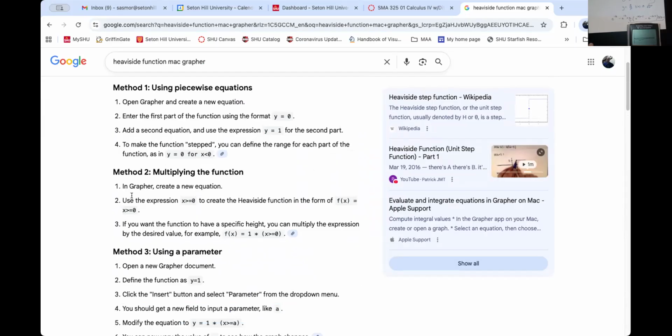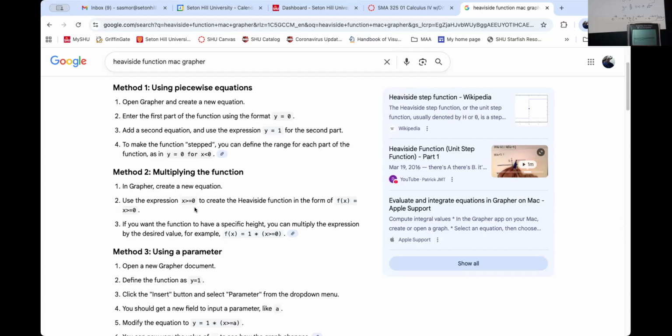Aha. Same idea. There's an expression, you use x bigger than or equal to, in this case, 1. So there's my Heaviside function made.